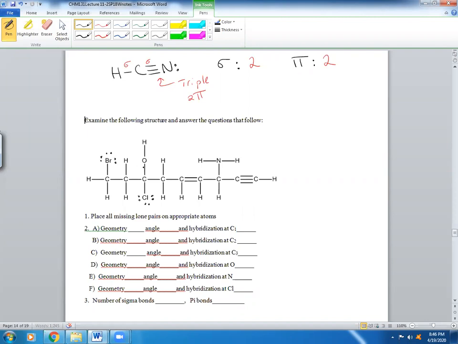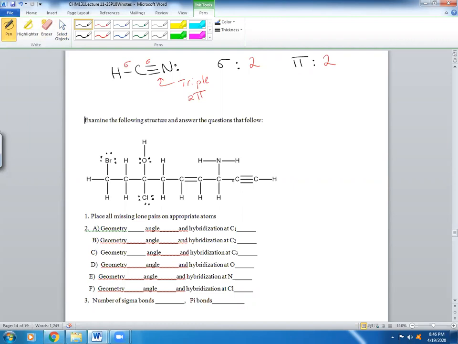Okay, but let's look at this oxygen. It has only 2, 4. So it needs 2 lone pairs. This carbon is okay because it has 2, 4, and this double bond is 4 electrons. So you have 4, 6, 8.